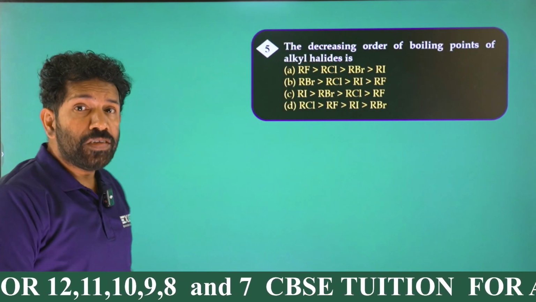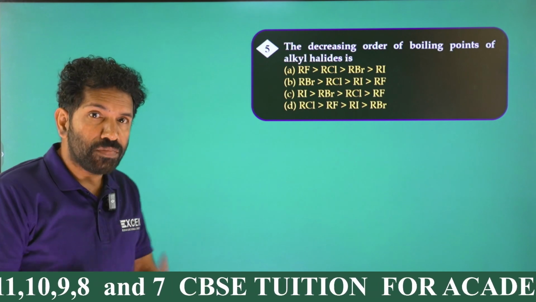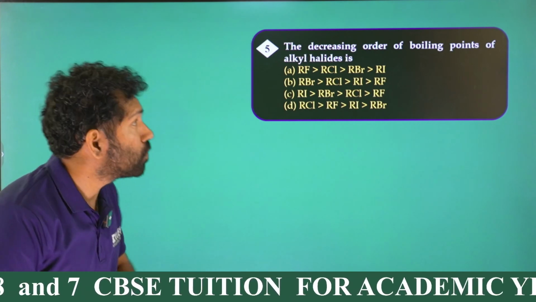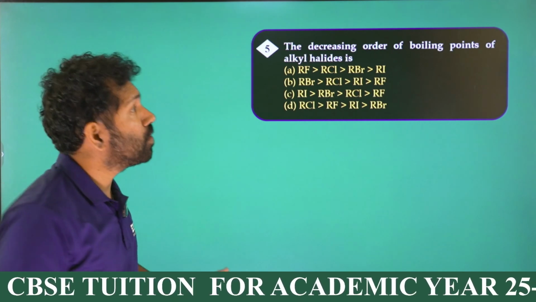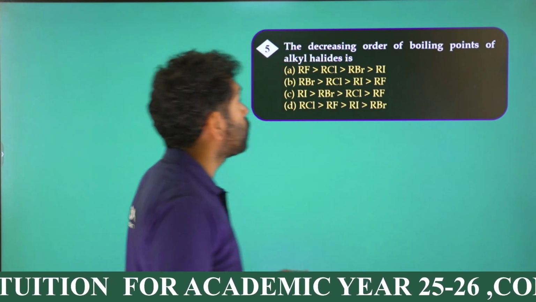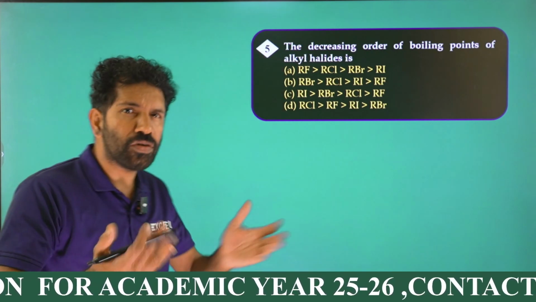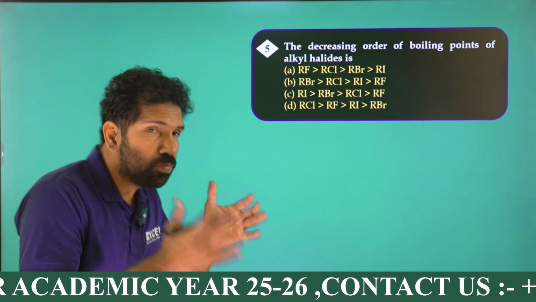Next question, this is based on physical properties of halogen compounds. We are discussing the decreasing order of boiling points of alkyl halides. We already studied how boiling point is related.